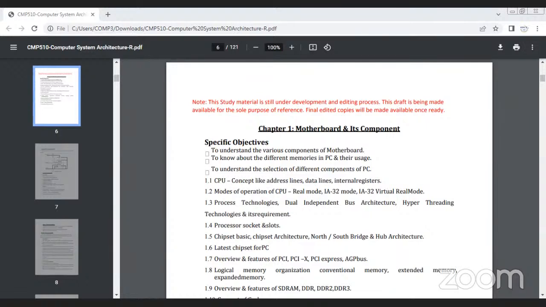So these are the main components of the motherboard. Okay, again I repeat it.